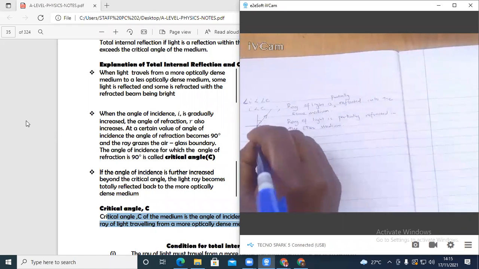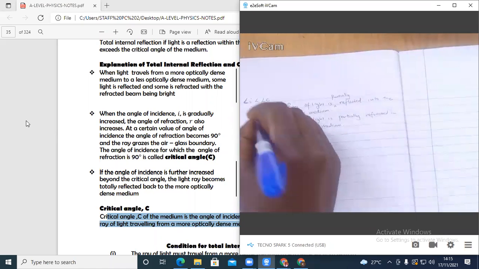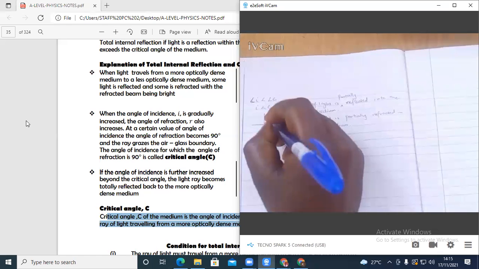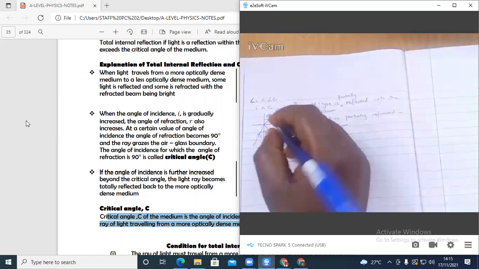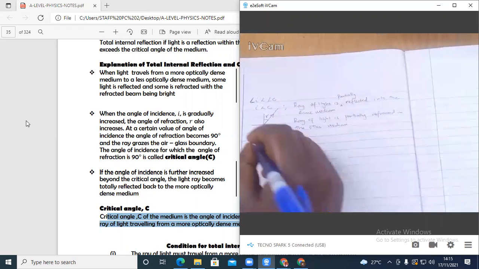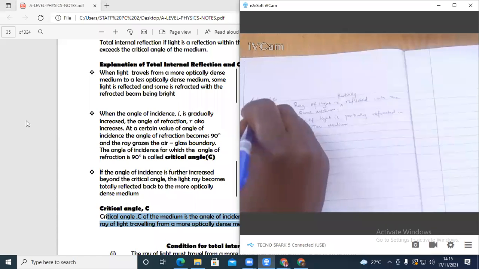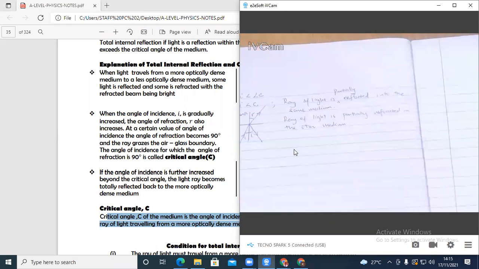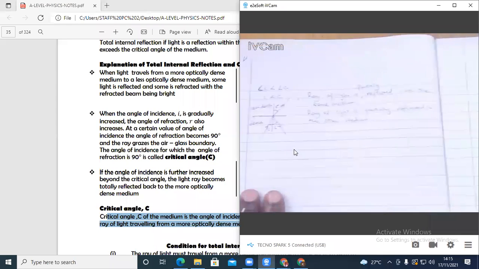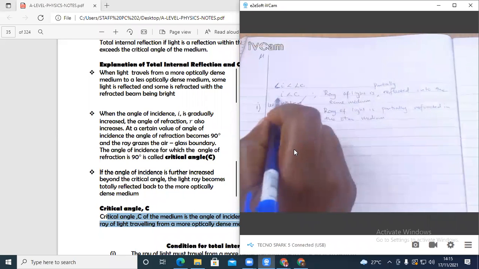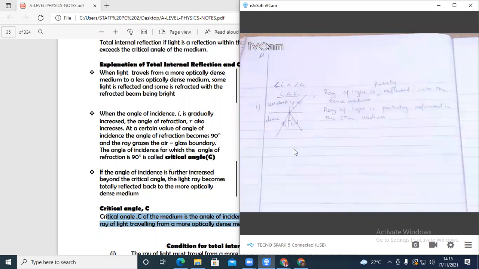This is I, this will be I also, and this will be R. So it will be partially reflected and partially refracted. If this is the dense medium, this is the less dense medium. So you have those two differences there. That is the first scenario that will happen when the angle of incidence is less than the critical angle.